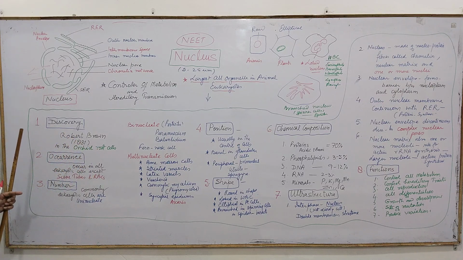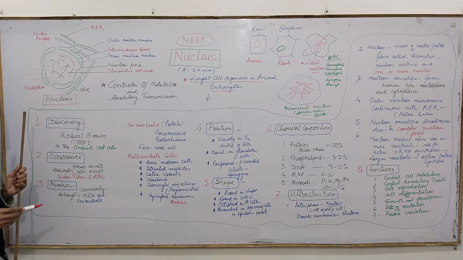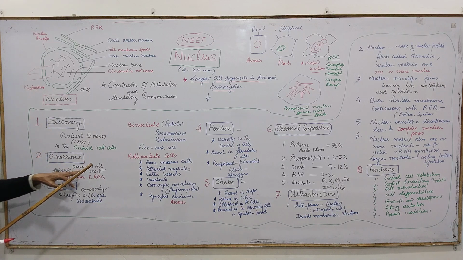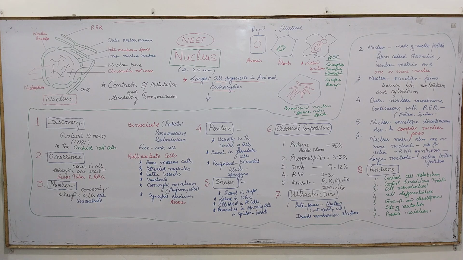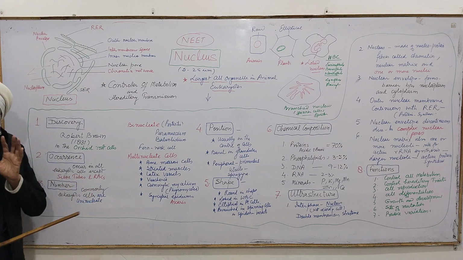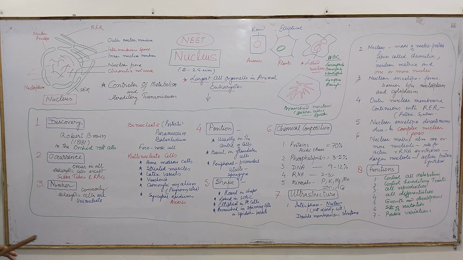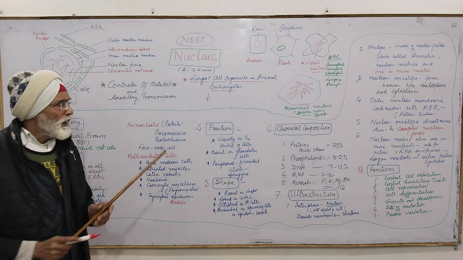Okay, now the occurrence. You see, where do we find the nuclei? Nuclei occur in all the eukaryotic cells. ठीक है, either they are plant or protista or fungi, ठीक है, or animalia. All the four kingdoms possess eukaryotic nuclei. Okay, another very important question for you: the nucleus is absent in the case of the angiosperm sieve tube.